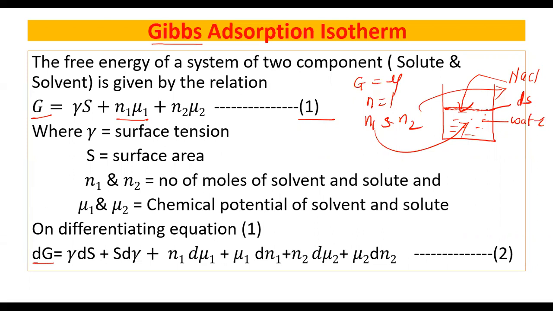So dS is the increase in the surface area and gamma is called the surface tension. This has to be included in the total free energy.